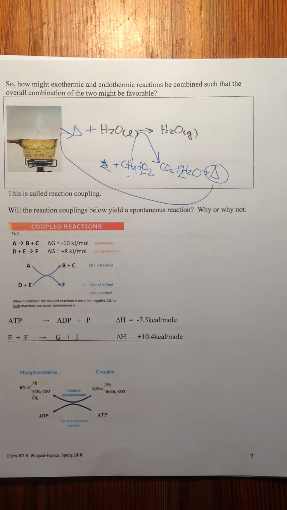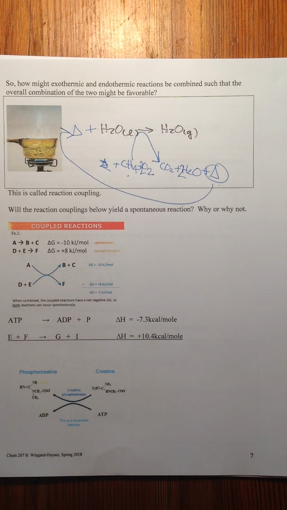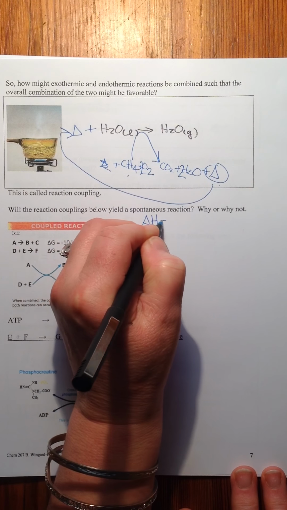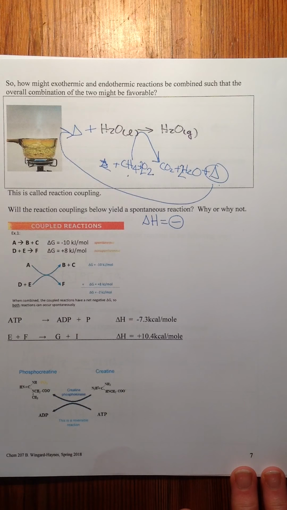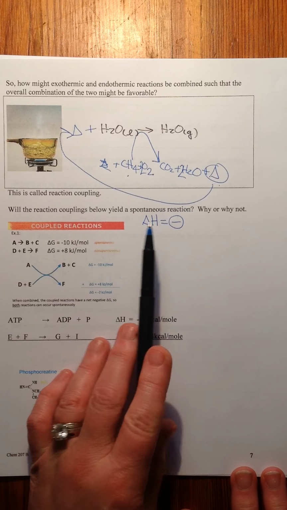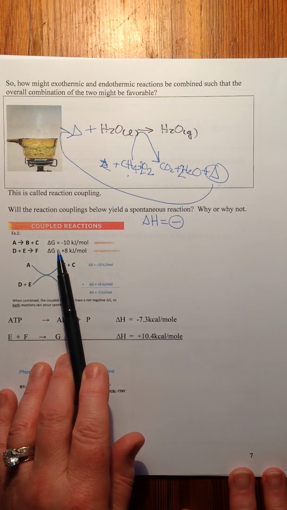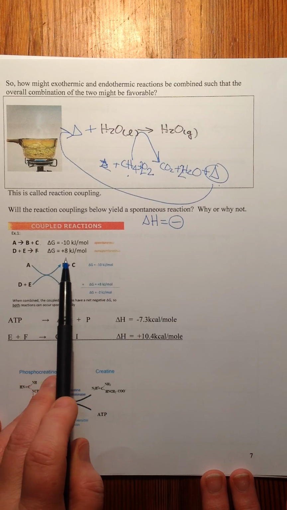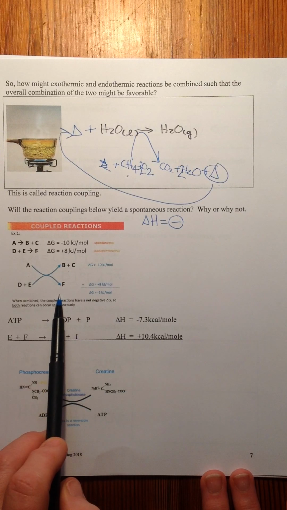Okay, so will the reaction couplings below yield a spontaneous reaction? Why or why not? Well, remember what we're looking for is a delta H that is negative. On this example, remember our delta H is going to be synonymous for our purposes with delta G. So A going to B plus C is negative 10. D plus E yielding F is positive 8. So we're going to show them coupled like this.